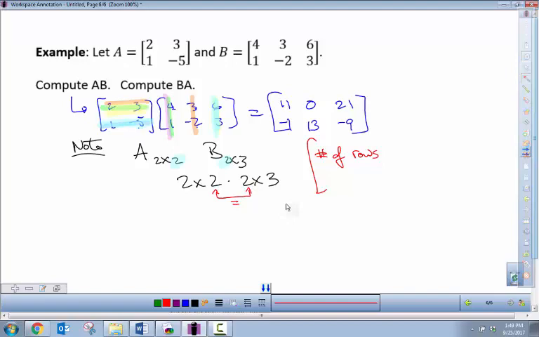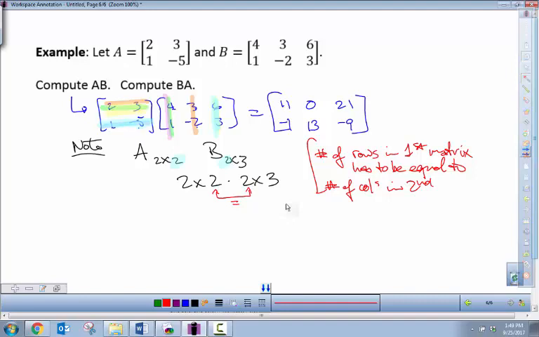Yes. Number of rows in the first matrix has to be equal to number of columns in the second matrix. Wait, sorry.